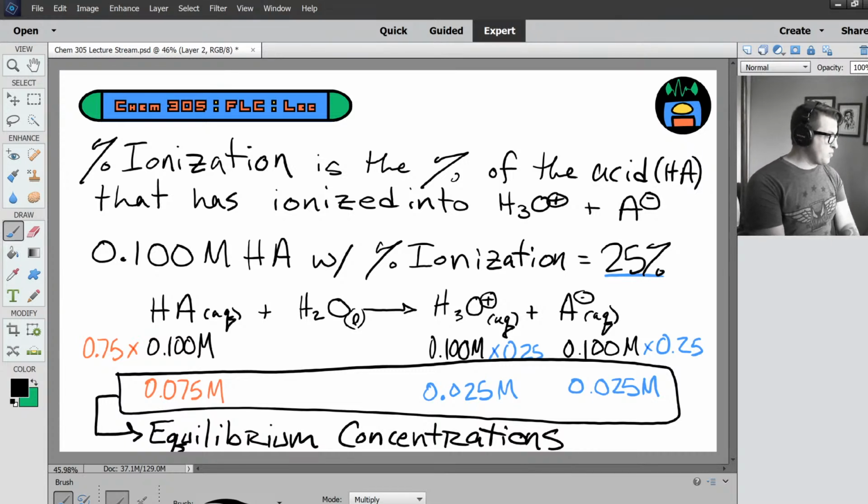Again, we don't really pay attention to water because water is a pure liquid. It doesn't have a concentration per se.